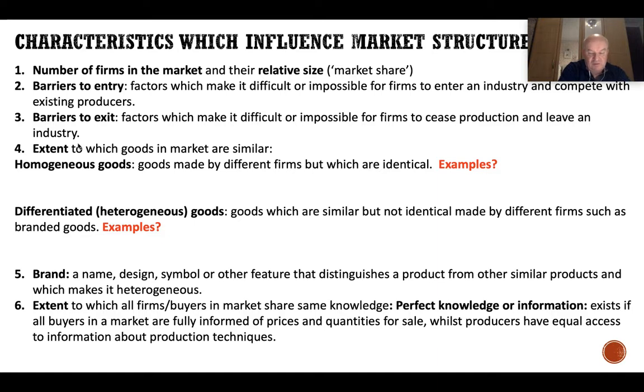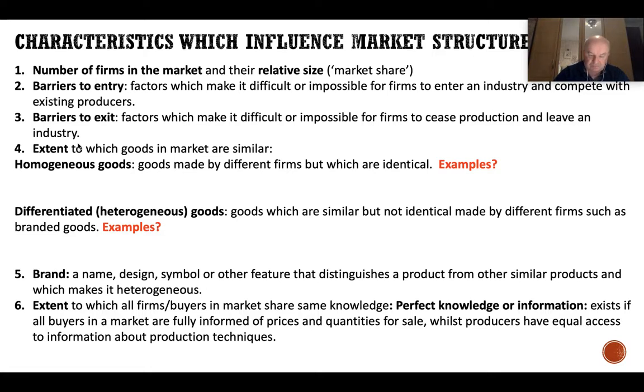So there's no asymmetric information. If you remember when we look back at some of the work that we did on behavioral economics and this issue of selling lemons, etc., that's one of the issues, that in a perfectly competitive market there is perfect knowledge and information. So everybody knows what prices things are available for, and they have perfect information.